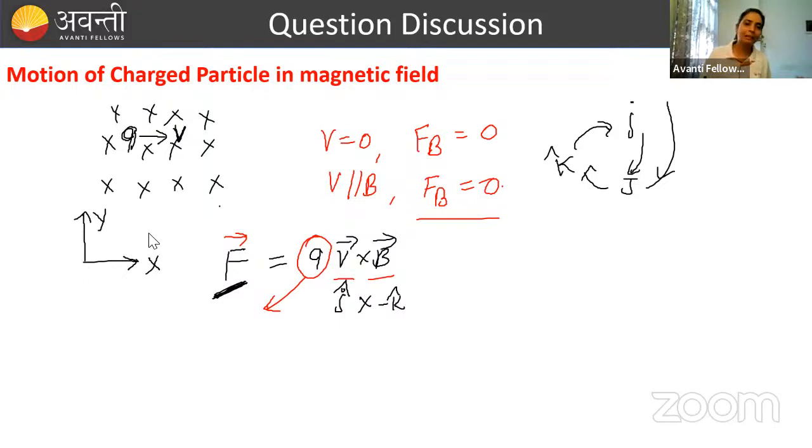If we are moving in anti-clockwise direction, that is, if I am going to find out i cross k, i cross k निकालने का मतलब ये हुआ कि I am going in anti-clockwise direction. So i cross k will be minus j. So I hope you people are clear with this thing, right? ये जानना बहुत जरूरी है. Throughout magnetism, it will be of use.